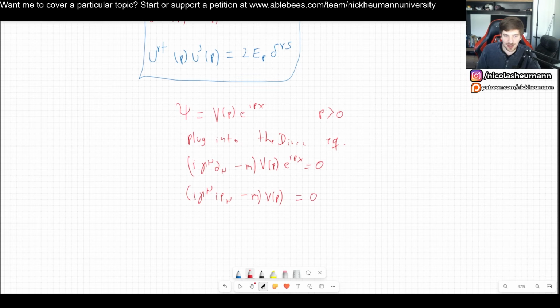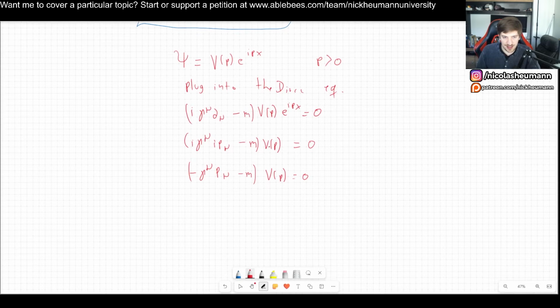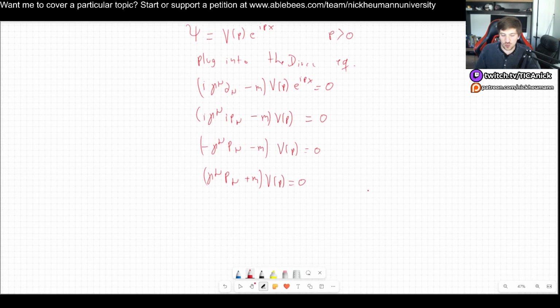And now we get a minus here, so we get minus gamma mu p mu minus m, vp equals 0. And we can now multiply everything by a minus 1, so we get gamma mu p mu plus m, vp equals 0.